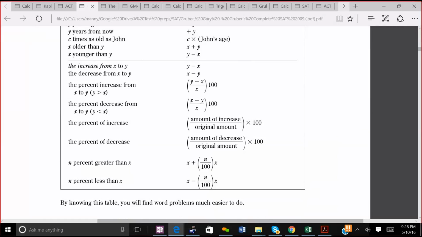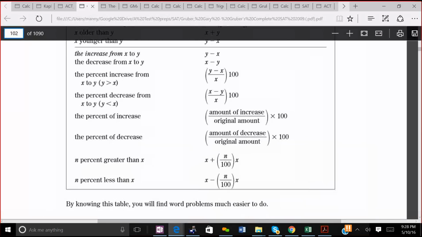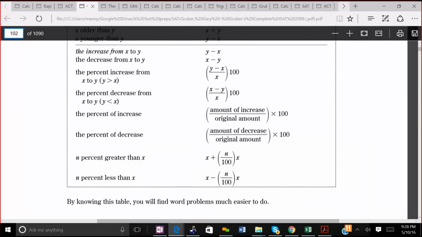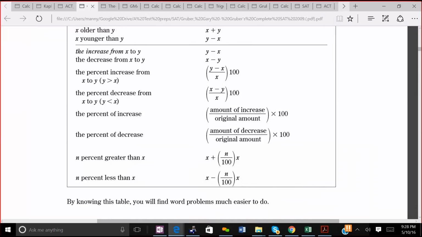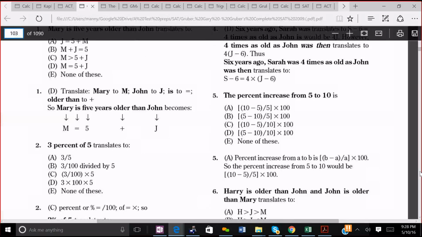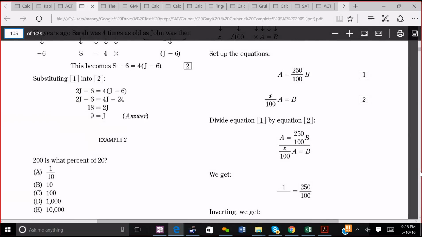Then go to the question. I will copy it here first.